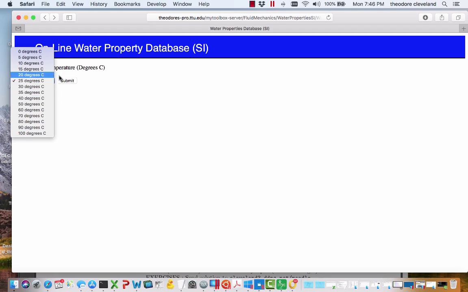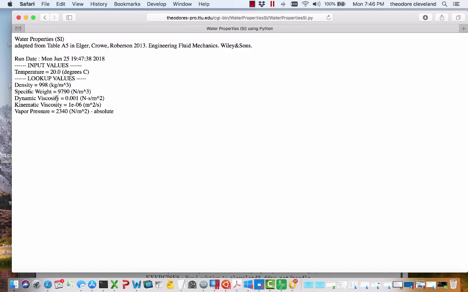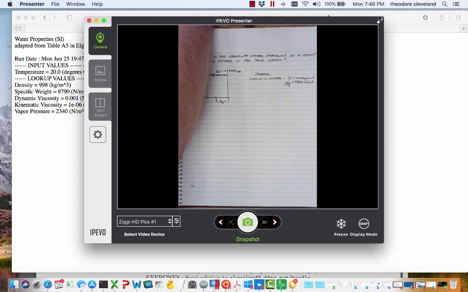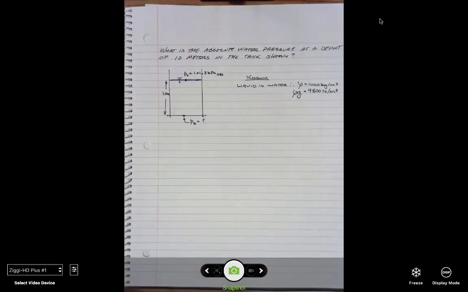Maybe we're at 20 degrees C, 9790. 9800 newtons per meter cubed is going to be adequate. So we'll return to our problem and continue.